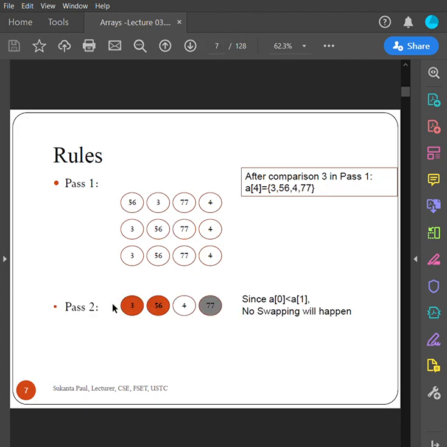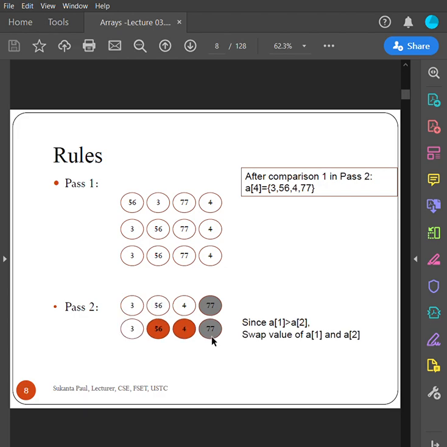Now pass 2 starts. At the start of pass 2, we see that one value is already sorted, which is 77. Now again we have to compare a0 with a1. Since a0 is less than a1, no swapping will happen. Then we compare a1 with a2. Since a1 is greater than a2, we need to swap the values of a1 and a2.